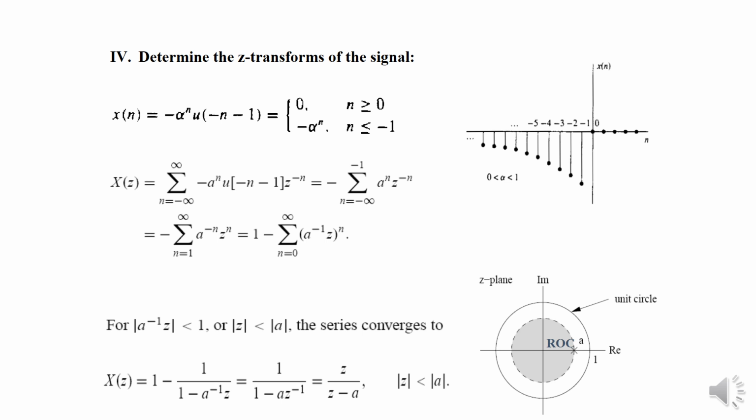That is the region of convergence. Again, when z is equal to 0, there is a zero at 0, and when z is equal to a, there is a pole at z equal to a. I have also marked a unit circle here.